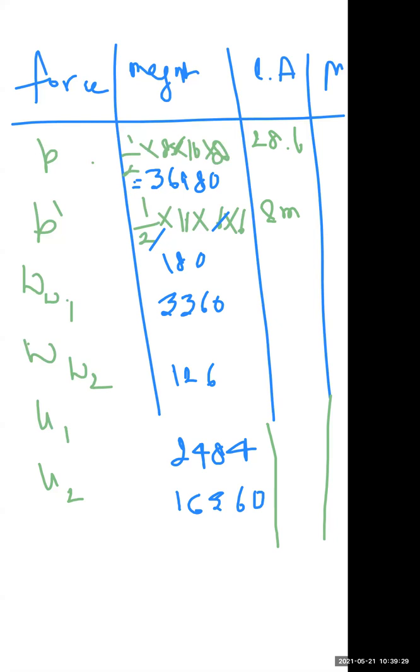Lever arm for force W1 portion is also H by 3, this is 63 by 0.2. Lever arm for W2 force is 1.4, 2H by 3. Lever arm for U1 is similar to previous, 34.5. Lever arm for U2 is 46. This is the value of lever arm.